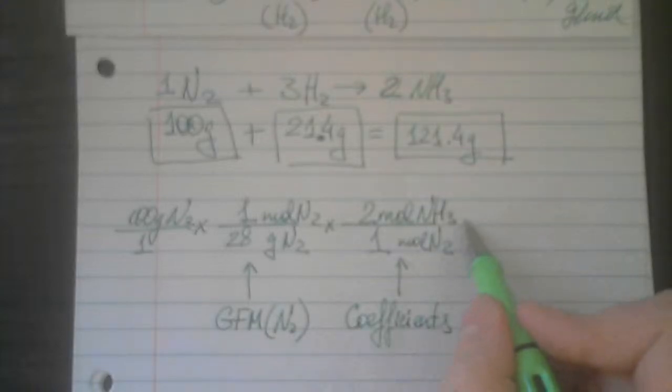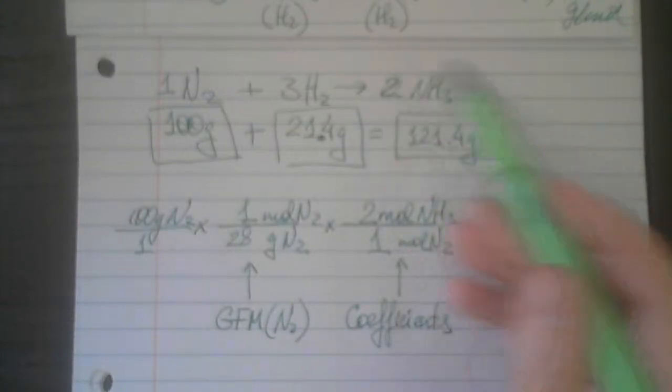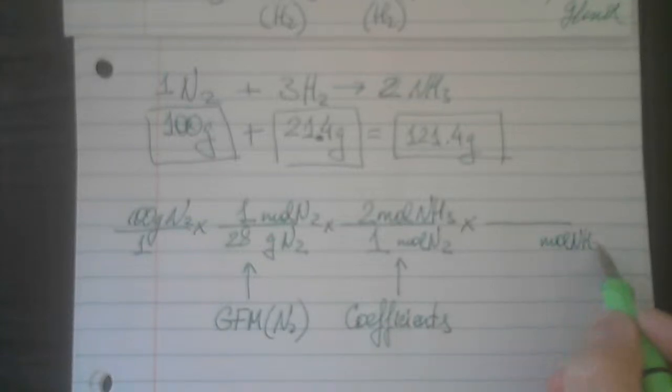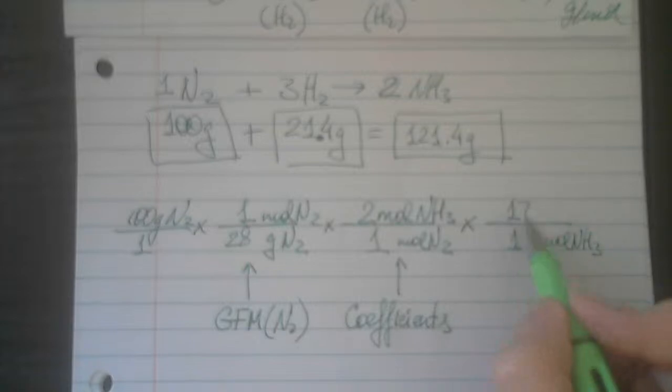Okay. And the last thing that we want to do, we want to convert that number of moles of ammonia into the grams of ammonia. So 1 mole of NH3 weighs 17 grams. How do I know that?